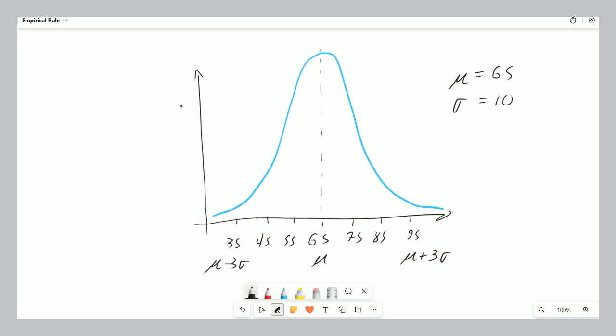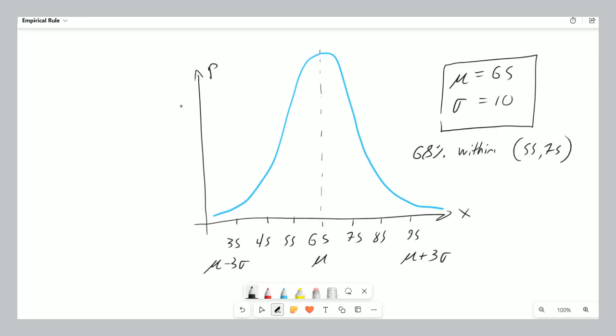So if that's the results that we see, what does the empirical rule tell us? Well, it tells us that we can expect that 68% of students will score in that range, 55 to 75. Why 55 to 75? Well, because that is the mean value plus or minus 1 standard deviation.